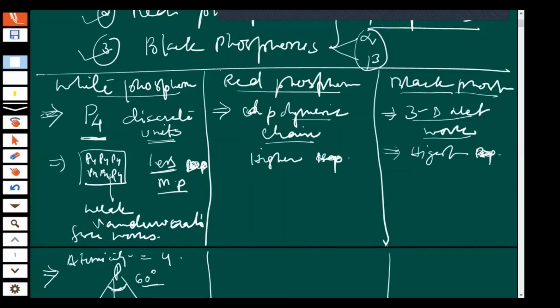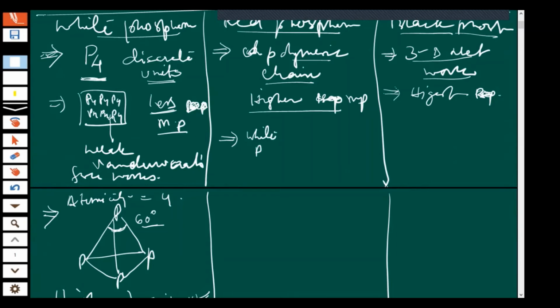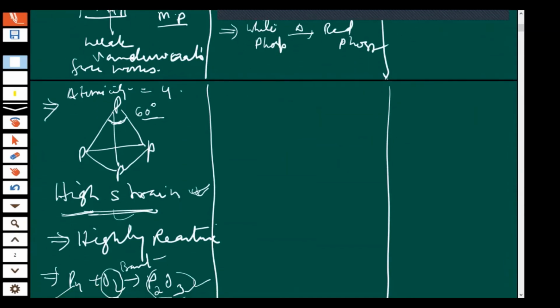So children, in the red phosphorus, what happens? See, high melting point. I told you, why? Generally when you heat white phosphorus, then only you will get red phosphorus. So what happens actually?